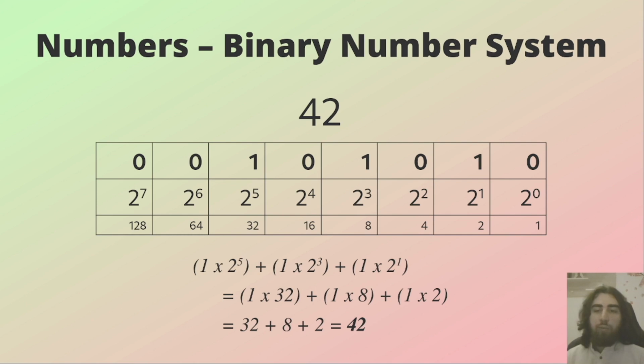So the logic stays the same. Here we have 2 to the power of 0, which would be 1 because of the rule we have talked about. 2 to the power of 1 would be 2. 2 to the power of 2 would be 4. 2 to the power of 3 would be 8, and so on. And as you notice, the number doubles: 1, 2, 4, 8, 16, and so on.